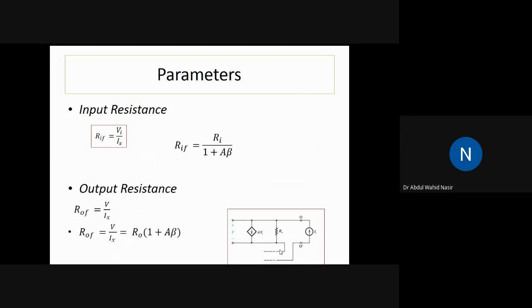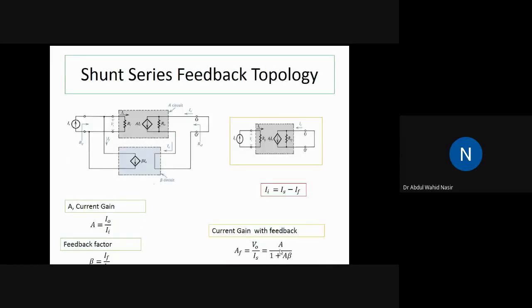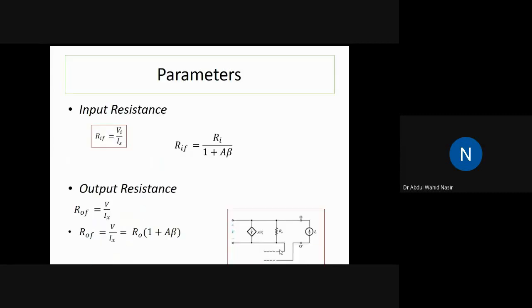Now come to the resistance. What will happen to the resistance when we use negative feedback in a current amplifier, that is the shunt series feedback topology? The input resistance will again decrease by a factor of 1 plus A beta. If we are not using negative feedback, the input resistance is Ri, but with negative feedback it gets decreased by a factor of 1 plus A beta, thus improving the input resistance.